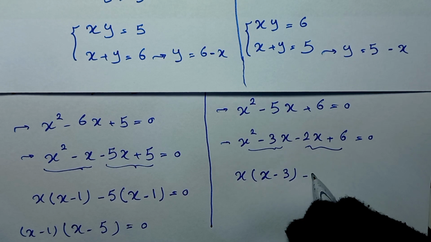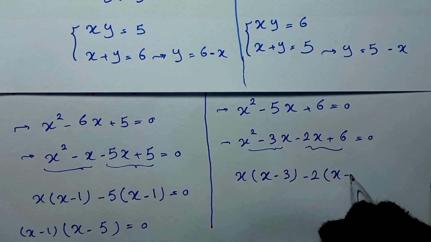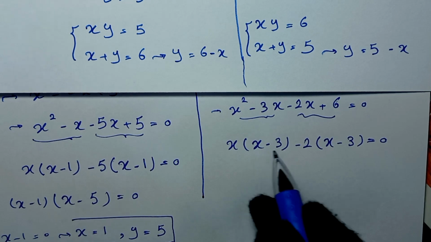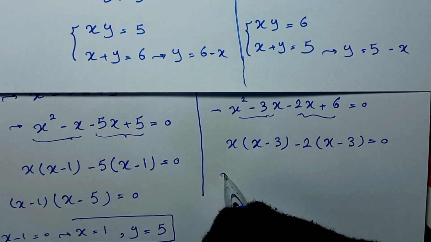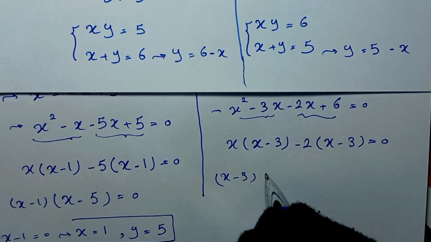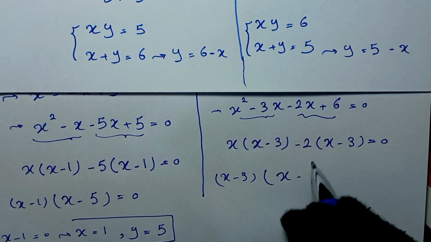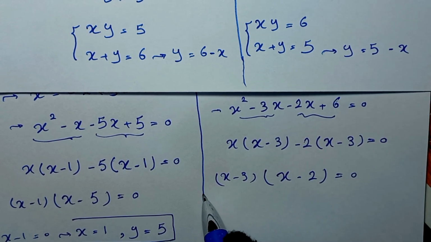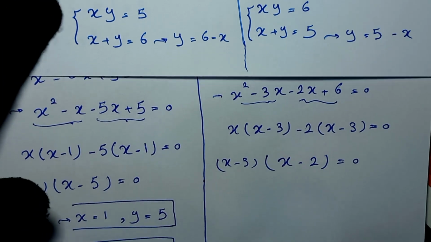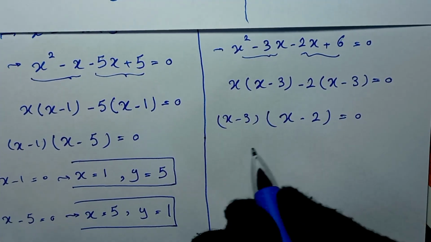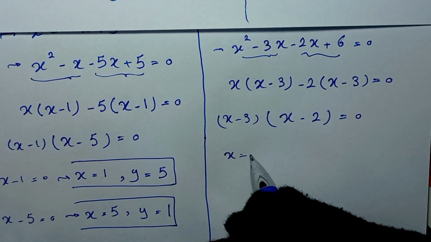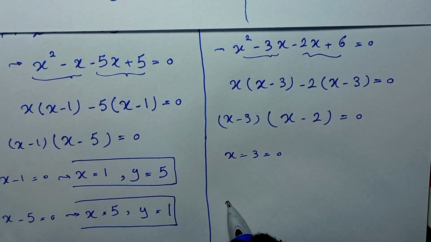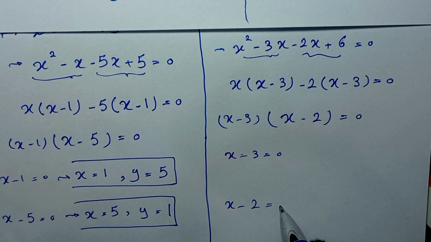And here we factor negative 2, and it will be x minus 3, right? Is equal to 0. X minus 3 is common, so we factor x minus 3. And for this part, we have x, and for this part, we have negative 2 is equal to 0. And from here, we have two solutions for x. X minus 3 is equal to 0, and x minus 2 is equal to 0.